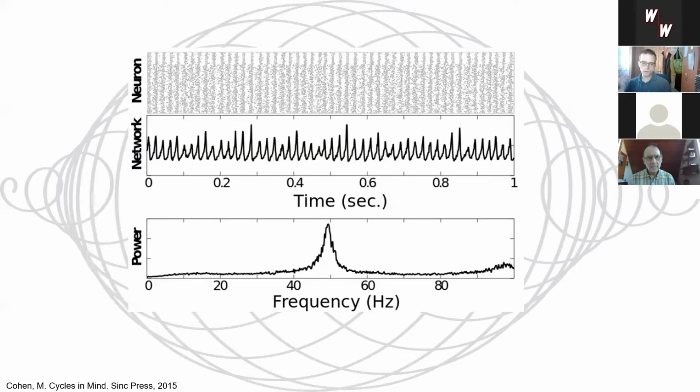This is why you can also characterize it in the frequency domain, so you can look at the spectrum. So in this case, we would say we have an oscillation at around 50 hertz. And this particular data here doesn't mean anything. This is just a toy example, but this is the idea of how an oscillation in the brain is generated.